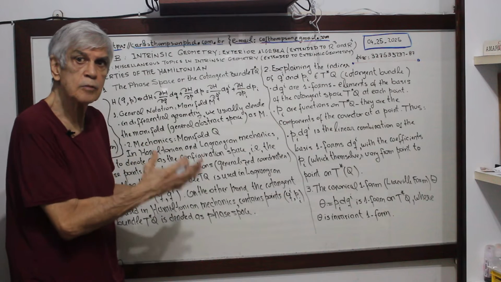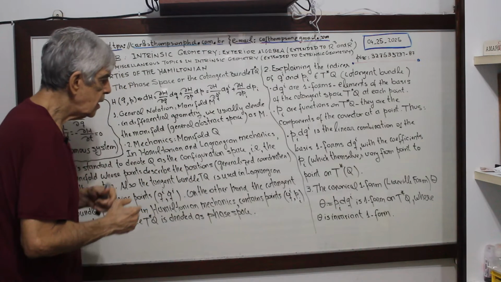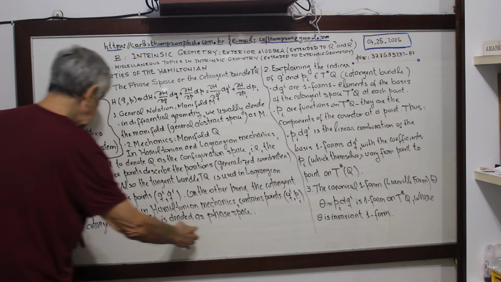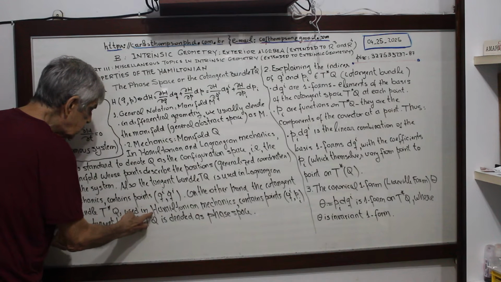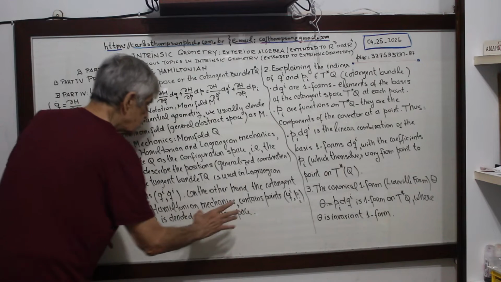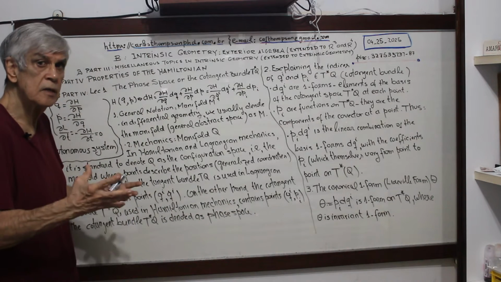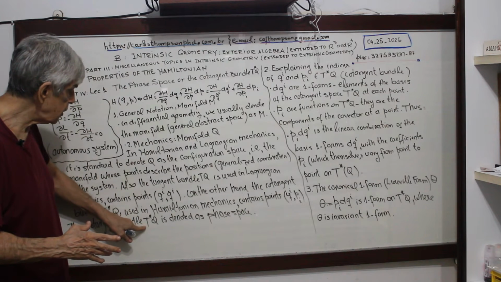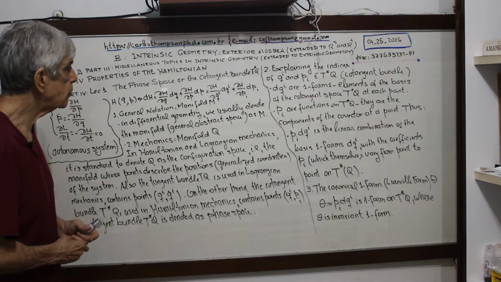So this space is 2n dimensional: n for this and n for that one. The cotangent bundle T*Q is called the phase space. When you say this is a phase space, it means it is the cotangent bundle T*Q. That's it.